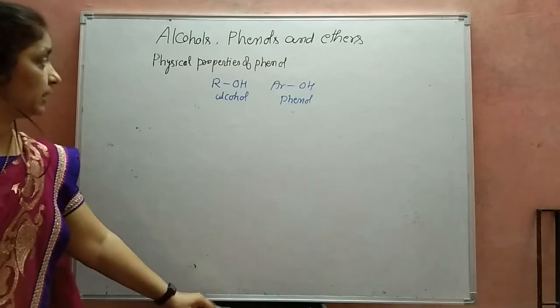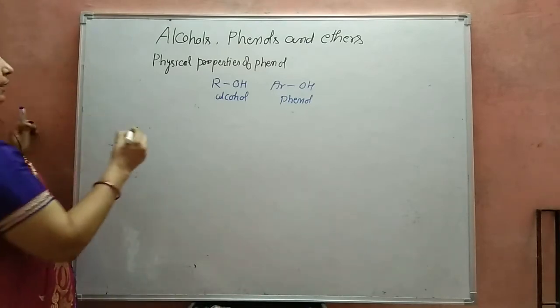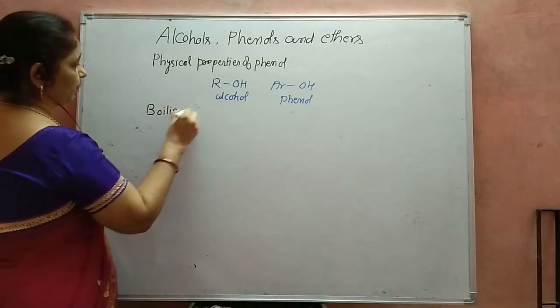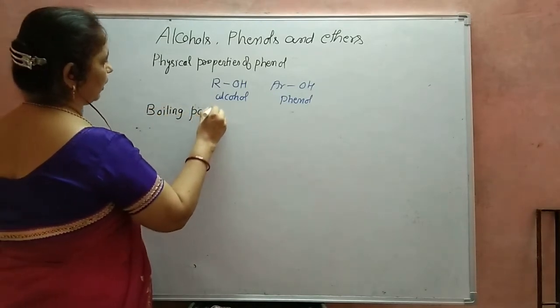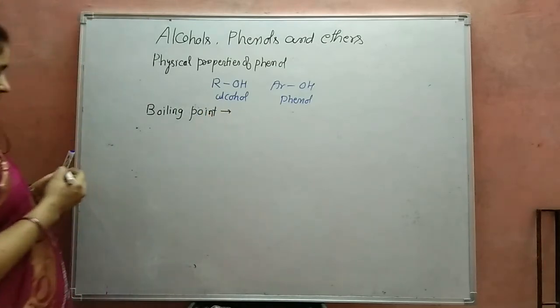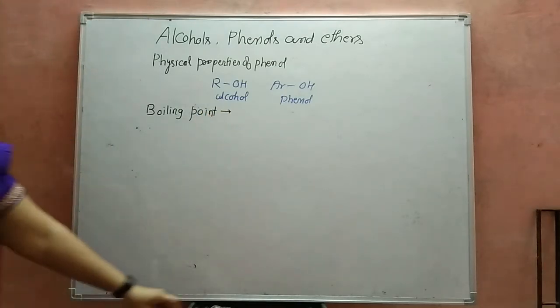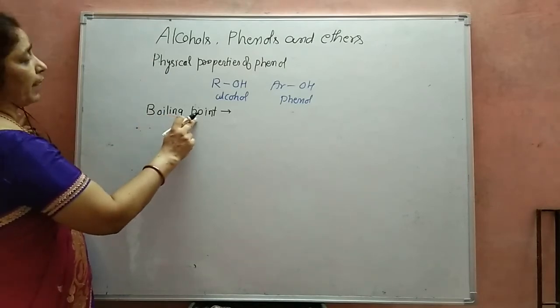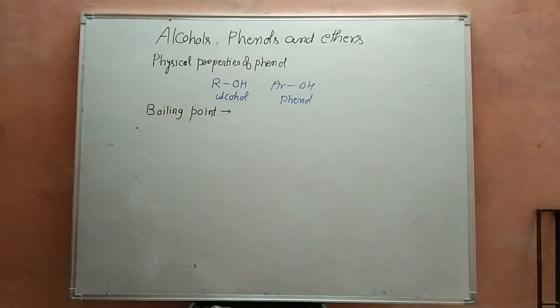First we discuss the physical property, that is boiling point. It is the most important property of alcohol and phenol. The boiling point of alcohol is highest compared to other hydrocarbons, ethers, haloalkanes and haloarenes.